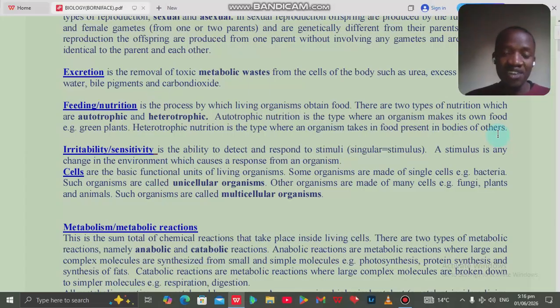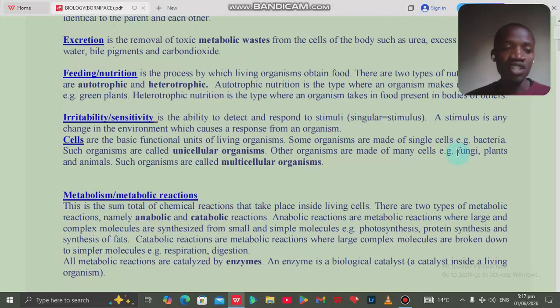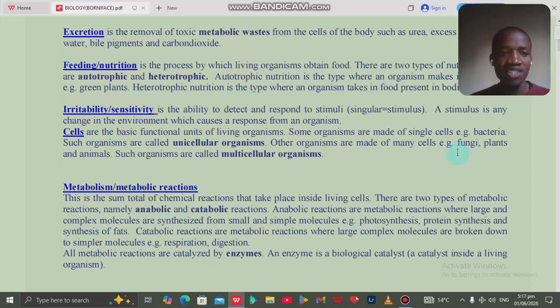We don't carry out photosynthesis. So we need to obtain our food from either killing the animal or getting the plant and cooking it. Then we obtain our nutrients from those animals. So when we depend upon others for our nutrition, that is known as heterotrophic nutrition. So auto means self, trophic means producing food, right?